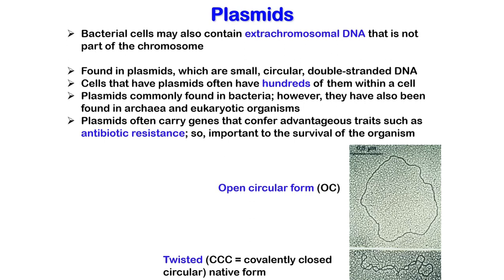When a bacterium divides, the daughter cells receive a copy of each plasmid. Bacteria can also transfer these plasmids from one to another in a process called conjugation. In this way, the DNA can be passed on.